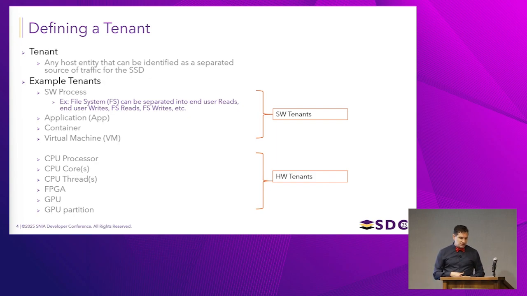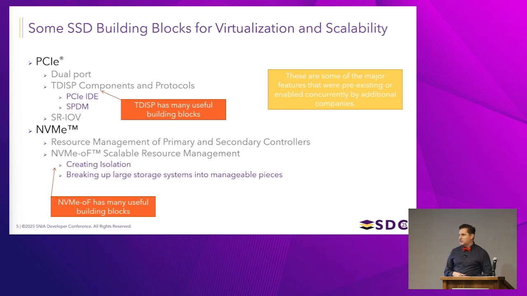Or maybe even just a partition of a GPU, a portion of it that's working on the inference when the rest is working on the training or something like that. So I'm on purpose being as generic as possible about what a tenant really is, and that's why I use that word.